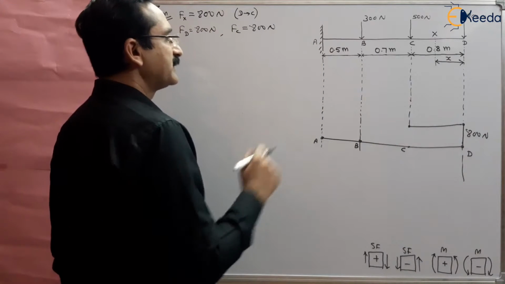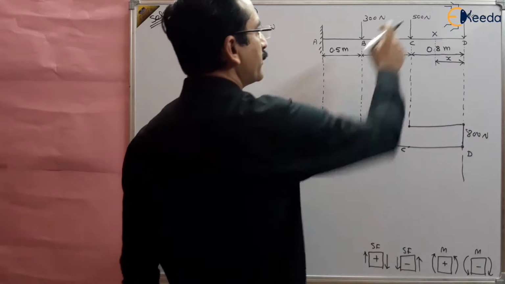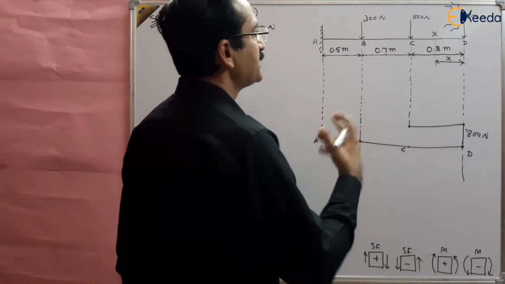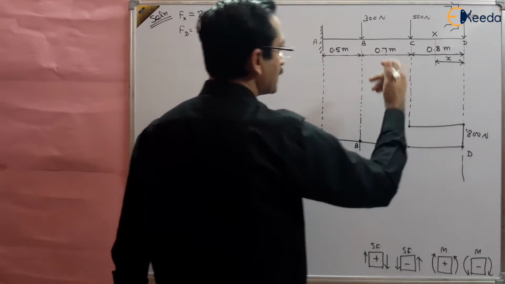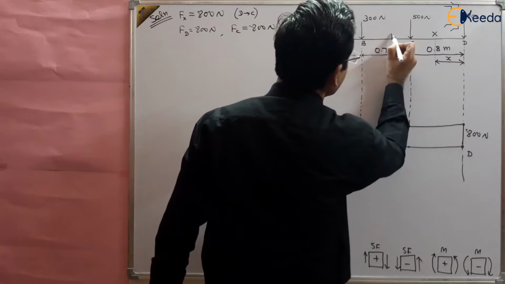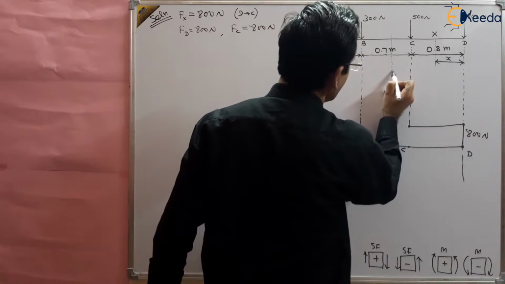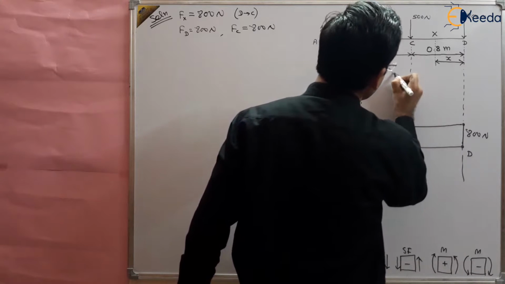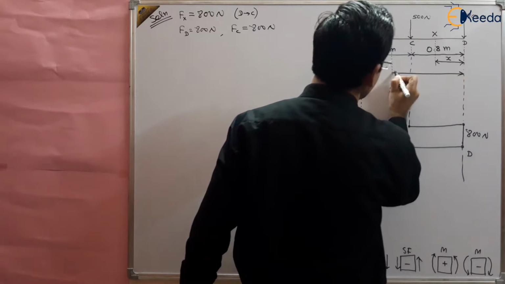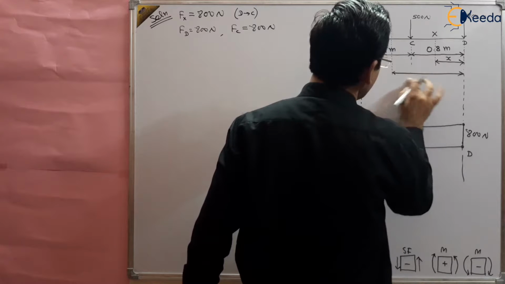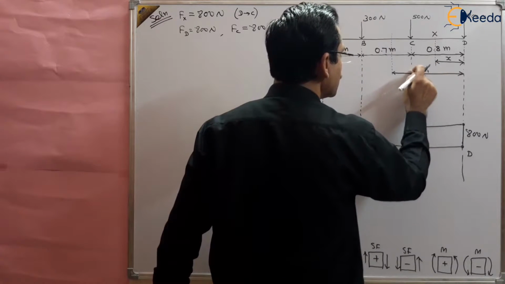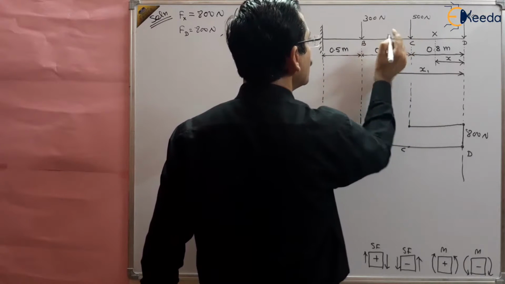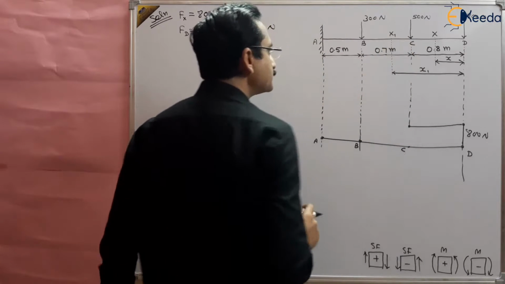Now we know that whenever there is a point force, there is an abrupt change in the shear force diagram, right? So there will be an abrupt change when we take the cross section here. Suppose this is x1, and this is capital X1.